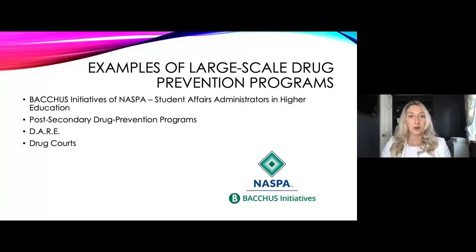We then have drug courts. So as of 2020, there were over 3,000 of them operating. These are for those with a substance use disorder. So it's going to target specifically those high-risk offenders who have a more severe antisocial background or a poorer prognosis for success in traditional types of treatment.